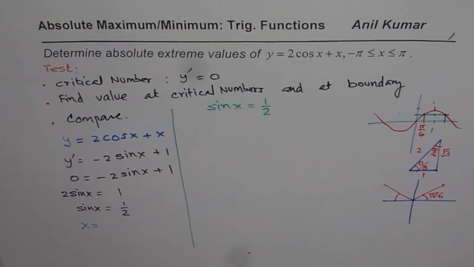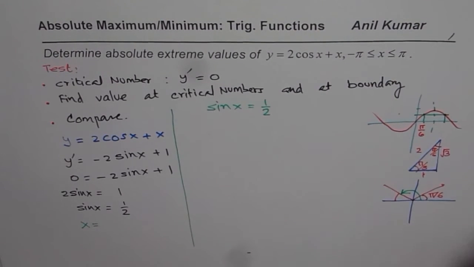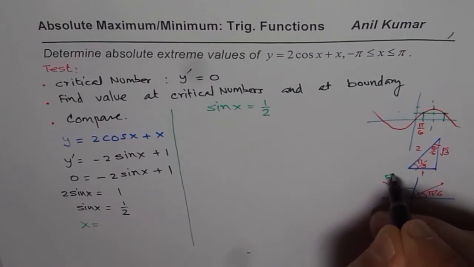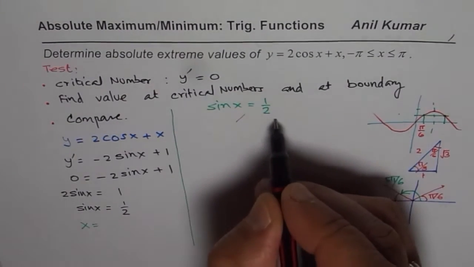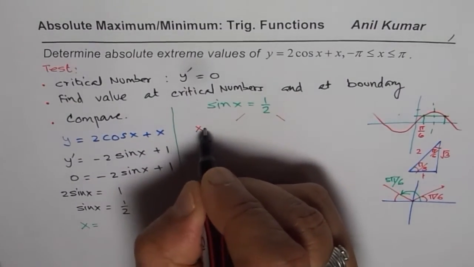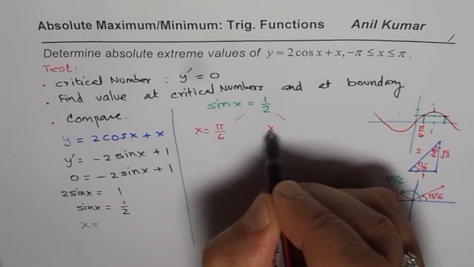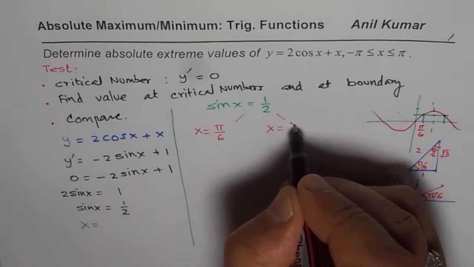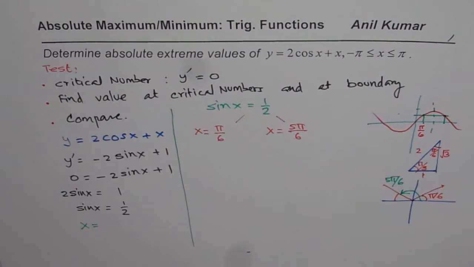So this angle is 5 pi by 6. That gives you two solutions, right? So we have x equals pi by 6 or x equals 5 pi by 6. I hope you understand how we found these solutions.